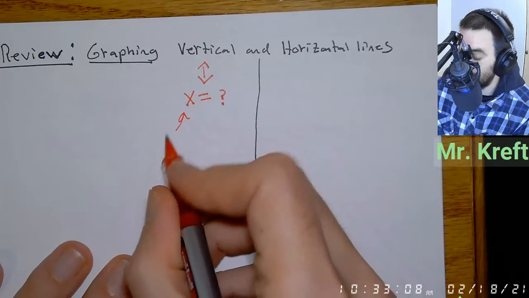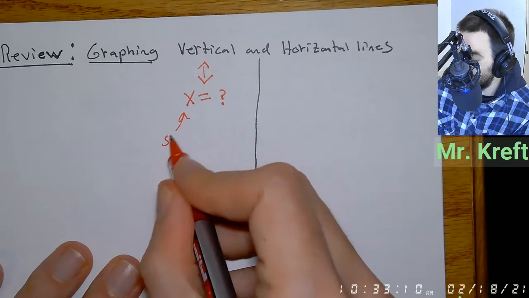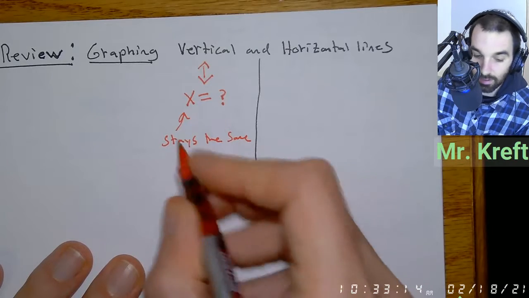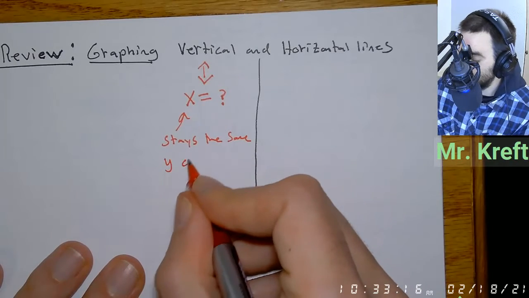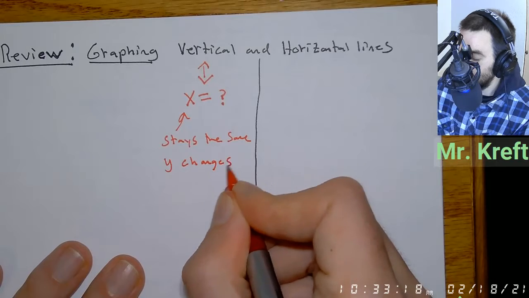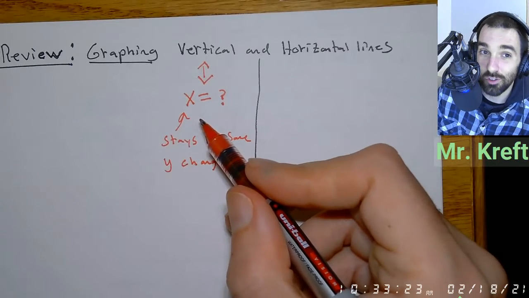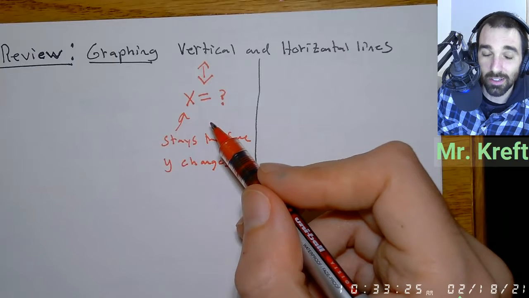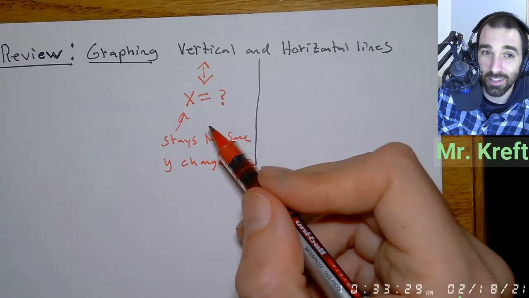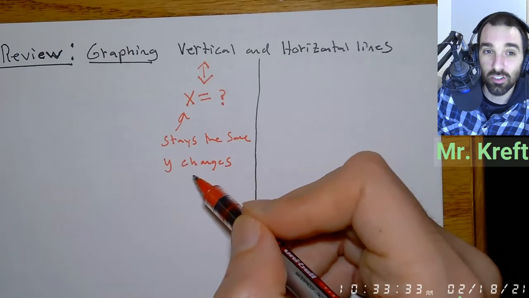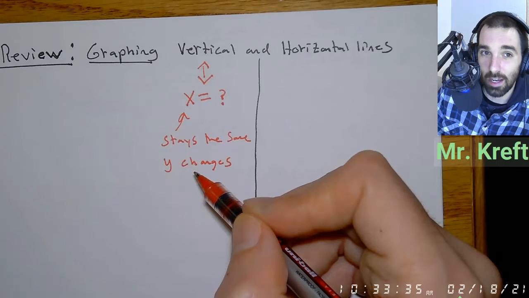What that means is that the x stays the same and y changes. You can think of this as being like an elevator. The x position in the building, like it's 2 doors to the left is the elevator, that always stays the same. It will always be that location in the building. But what changes is that it goes up and down.